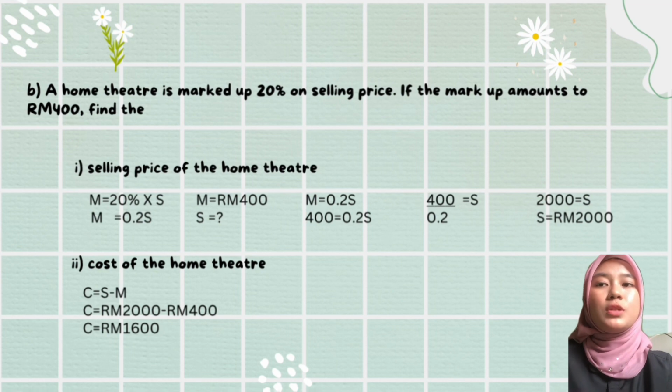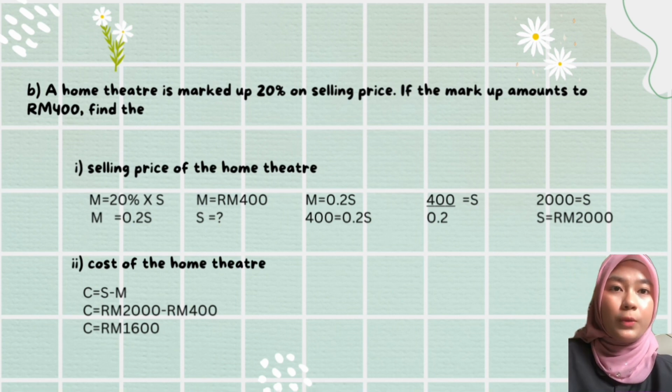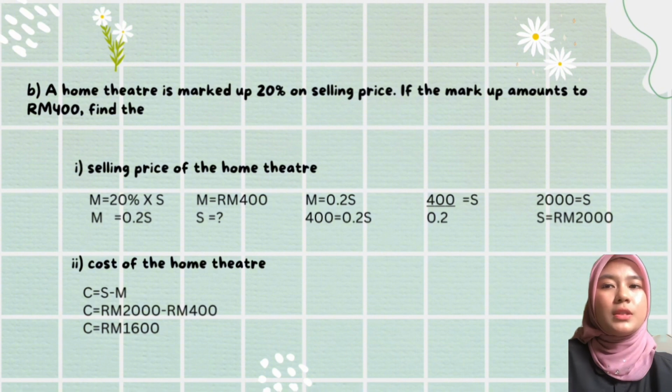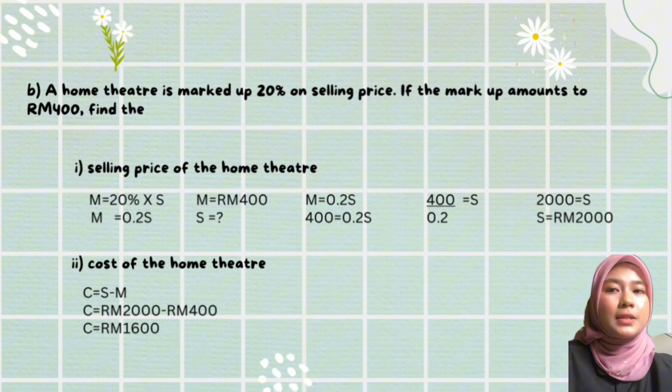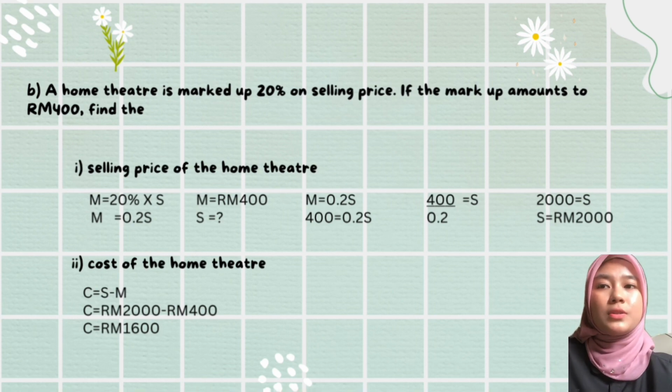So replace 400 in M, it will be 400 equal to 0.2S. Move 0.2 to the left, so it will be 400 divided by 0.2 equal to S, and S equal to 2,000.